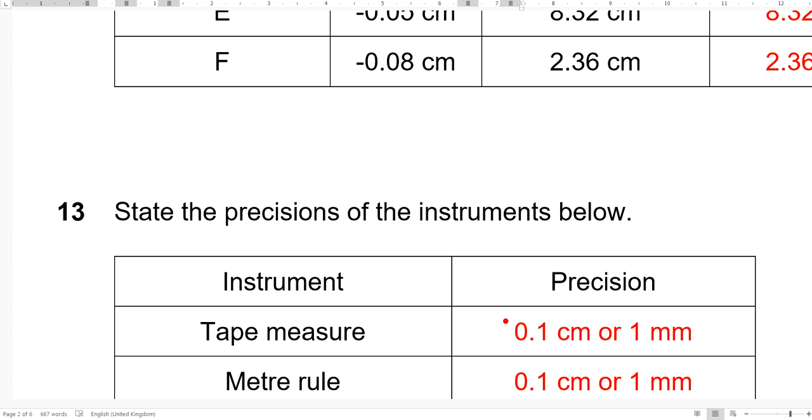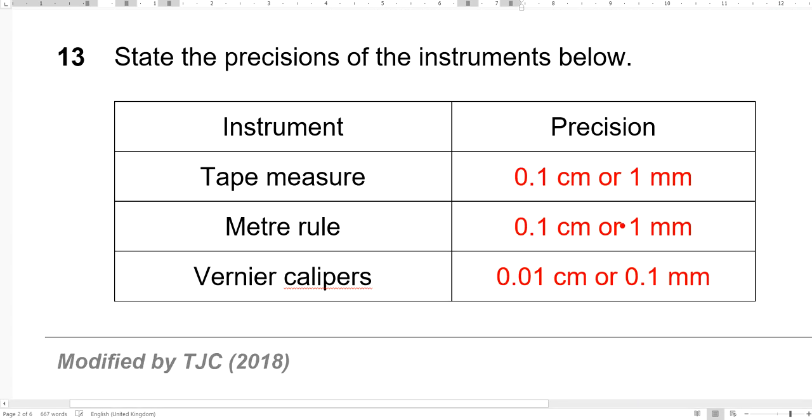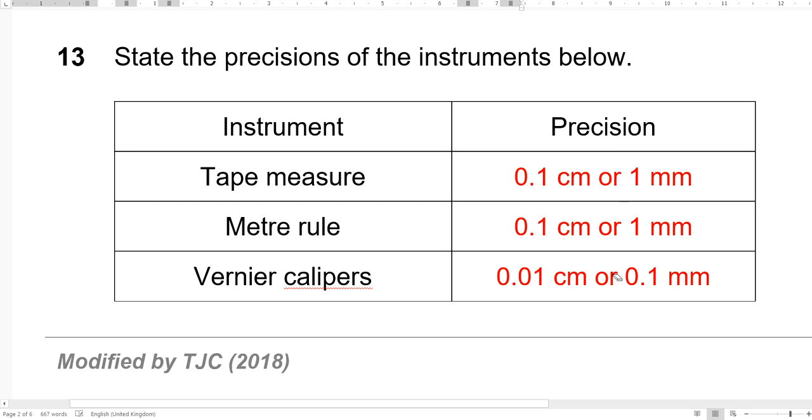So same. These two are the same, including the same as your ruler. Vernier calipers, 0.01 cm. When I say all, I actually mean they are equal, okay? 0.01 cm is the same as 0.1 mm.